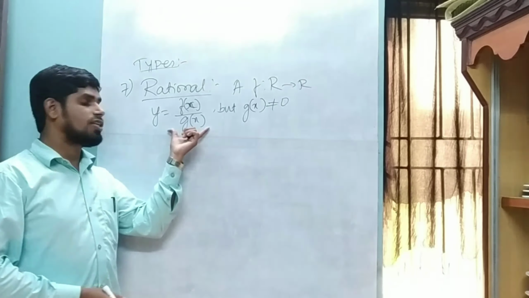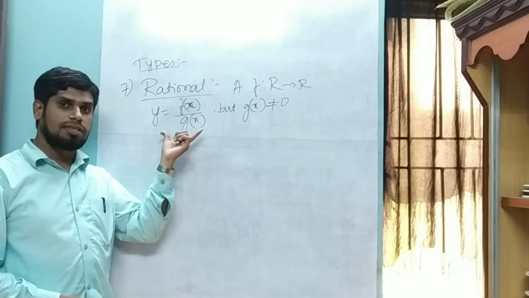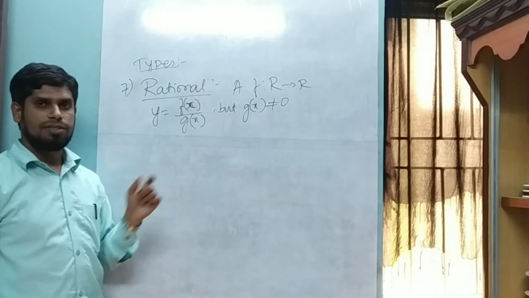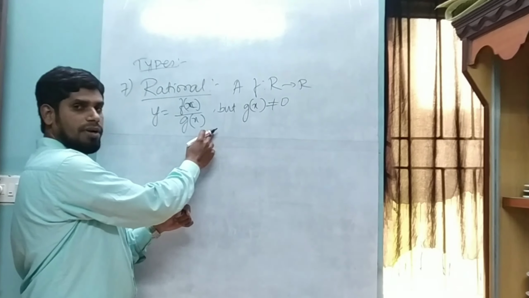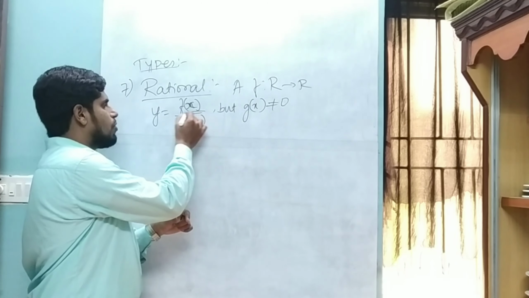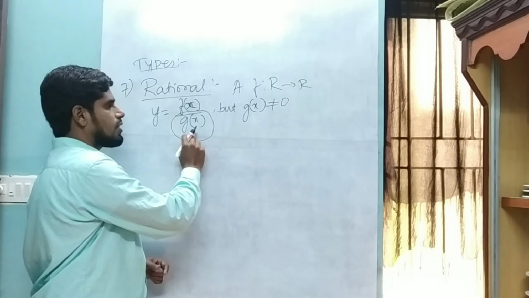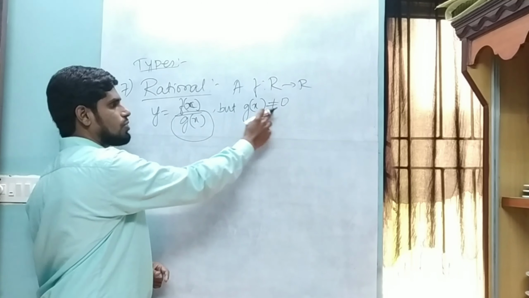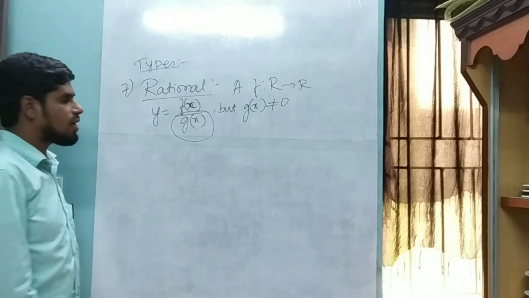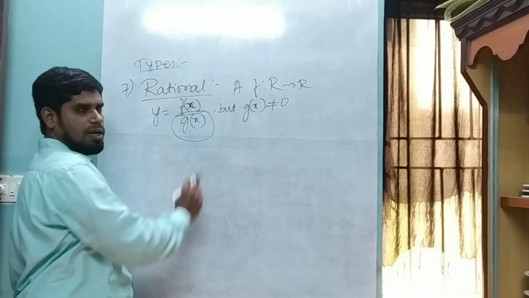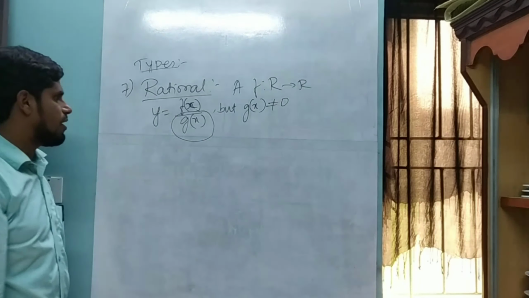If you forget this condition, then in some cases the function itself is not defined. We should check that at any cost the denominator should not be equal to 0, because if the denominator is 0, then the function becomes not defined.